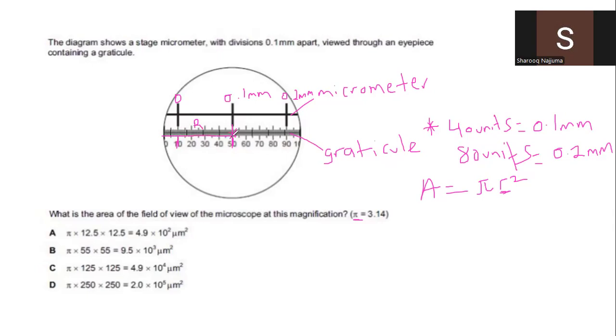50 eyepiece graticule units. I already know that 40 units are equivalent to 0.1 millimeters. So can't I use this to find out what the 50 units are equivalent to? I'm going to use that 40 units are equivalent to 0.1 millimeters. How about the 50 units? We are trying to find out the radius.